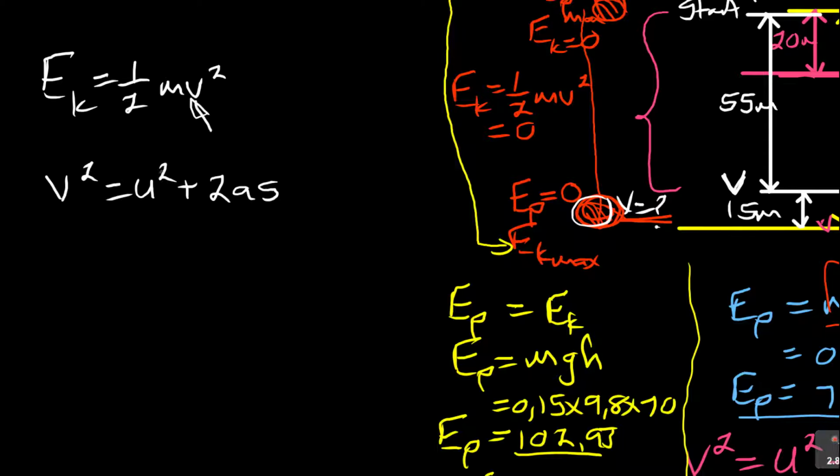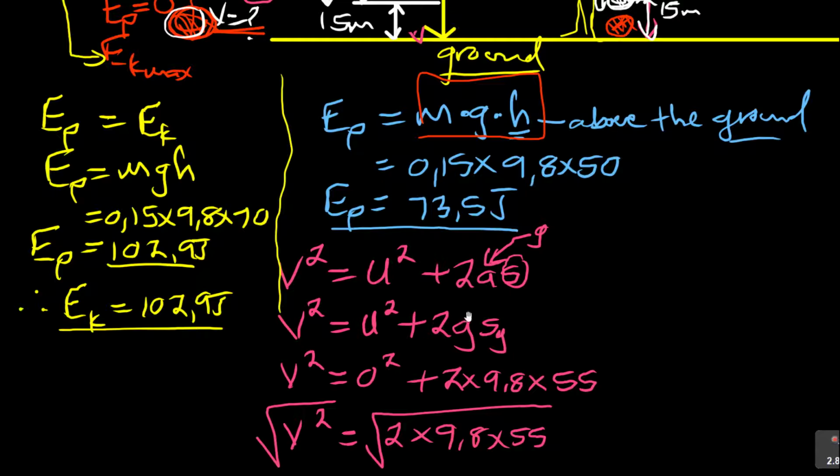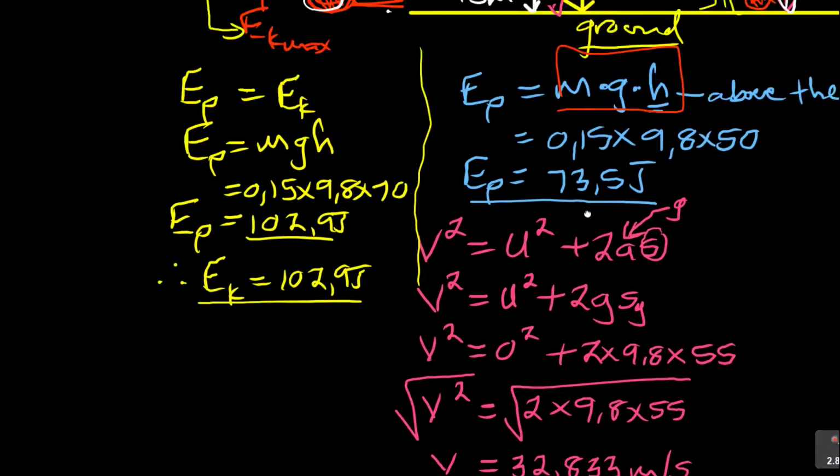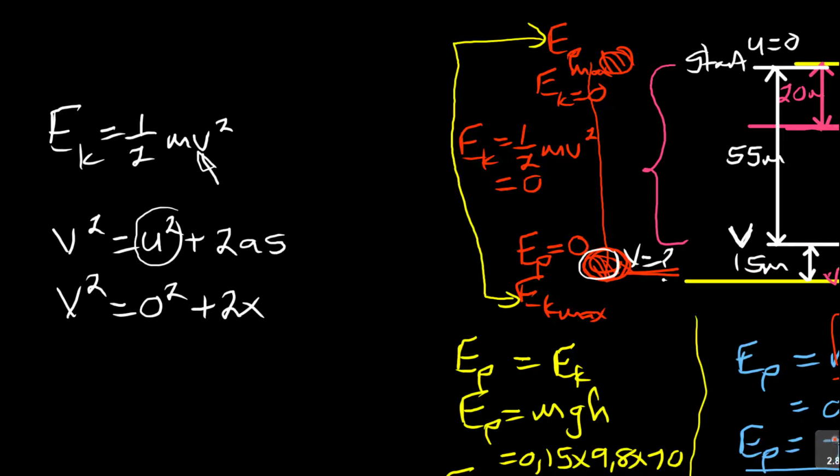Then you know it started at 0, so v squared is equal to 0 squared plus 2 times, following a similar formula we used here, the acceleration due to gravity, but it started from 0 up to the ground, which is 70. You see now where the 70 comes in, which is 9.8 times 70, the vertical distance. So v squared is equal to 2 times 9.8 times 70.